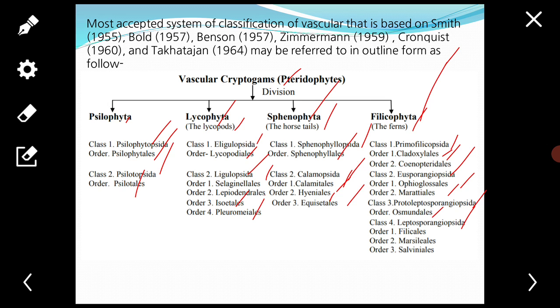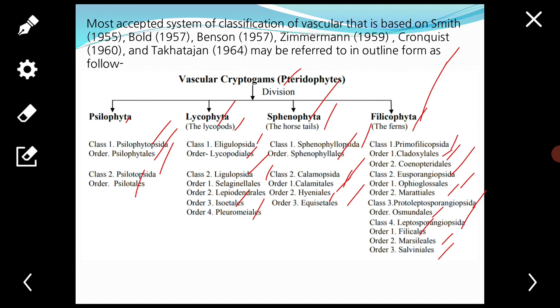Class 4, Leptosporangiopsida, comprises three orders. Order first, that is Filicales. Order second, that is Marsileales. Order 3, Salviniales.